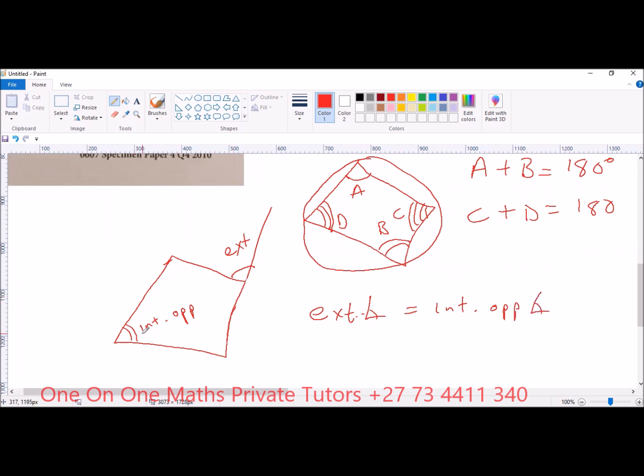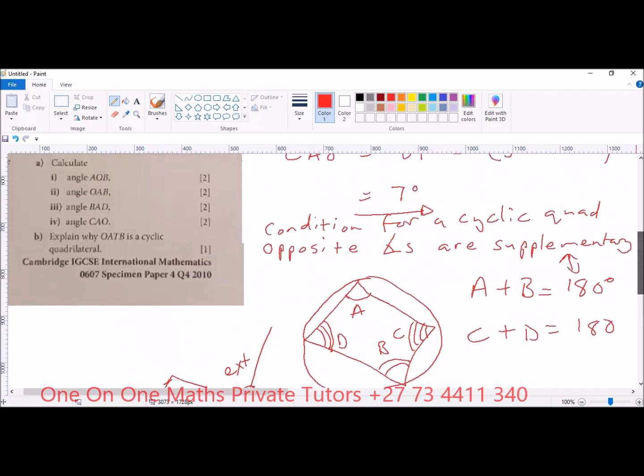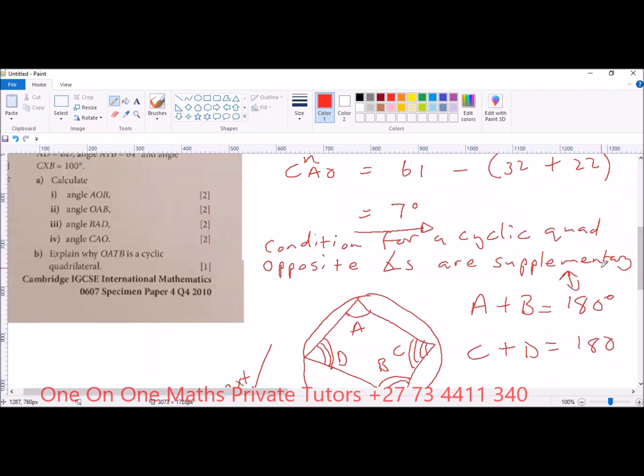You can see this is equal to that, and this and that are on a straight line, so these two add up to 180. And this is equal to that, so these opposite angles add up to 180 degrees. It's just another way of saying it, but I'd like this one, which is simplified: opposite angles are supplementary.